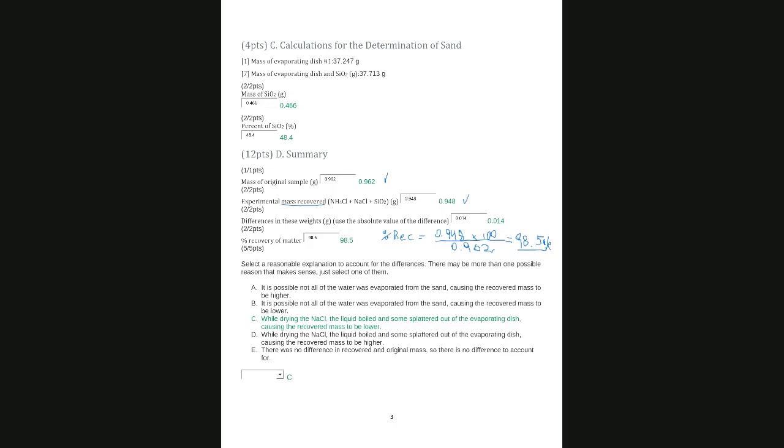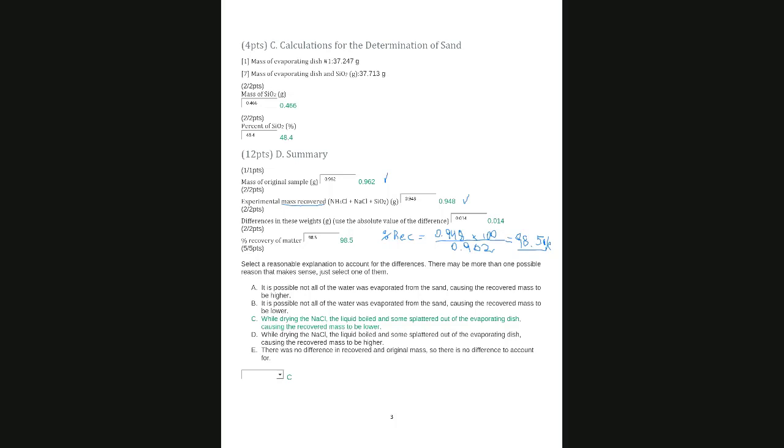But case B is even more ridiculous because it says it is possible not all the water was evaporated, causing the recovered mass to be lower. That's absurd. If you weigh the solid and the water, the recovery is going to be higher than 100%.